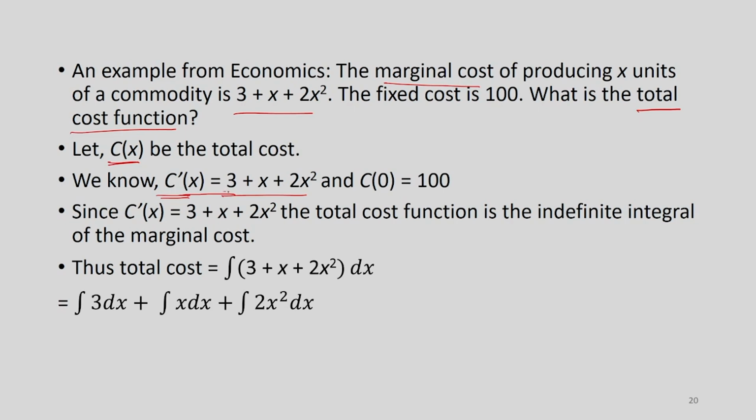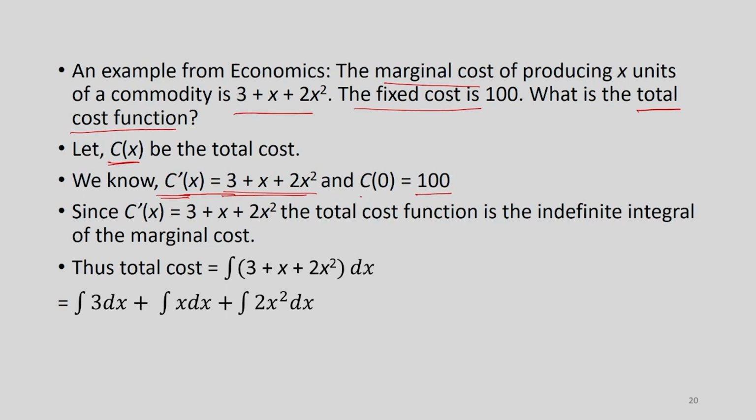Remember, the marginal cost is a function of x, and further we also know that fixed cost is equal to 100. What does it mean? That if the producer does not produce anything, then also he has to bear certain costs. The value of that cost is 100.